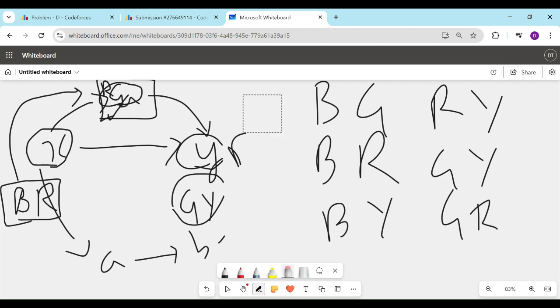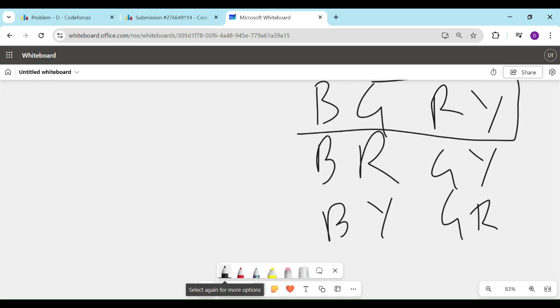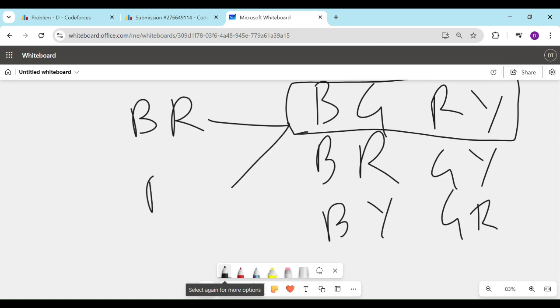Okay, now since we have to go from X to Y using one step, we will use a block that has common values with X and Y. Like let's say we are finding how to go from BG to RY. So if my step is BR, that means I can go from BG to BR and BR to RY. Then my step can be BY.